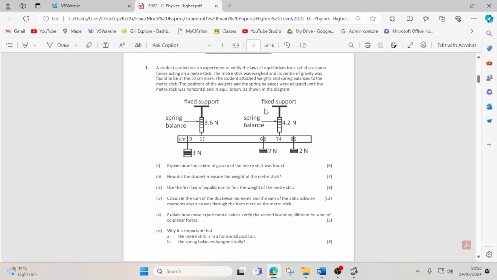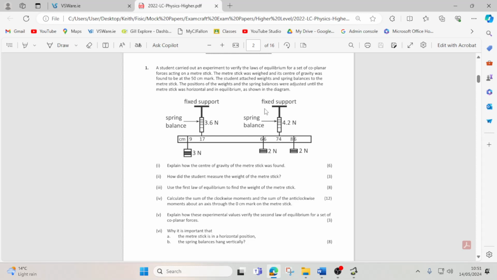Now, how do we work out the mass of the ruler, or the force of the ruler? In equilibrium, forces up must equal forces down. Forces up are 3.4 plus 4.2, which is 7.8. So the weight of the ruler is 7.8 up, 7 down, so it's 0.8 newtons.